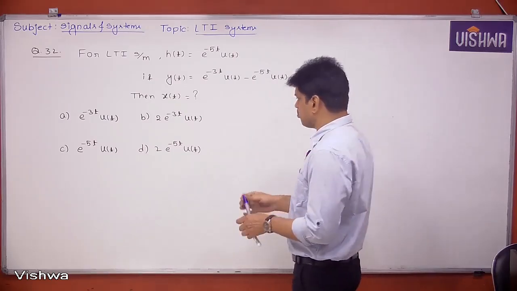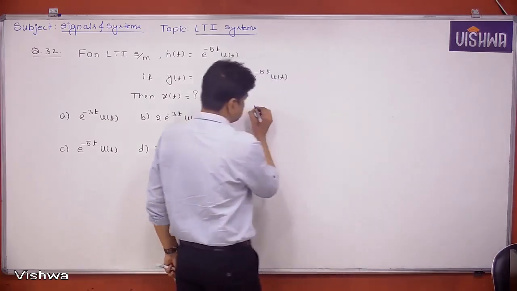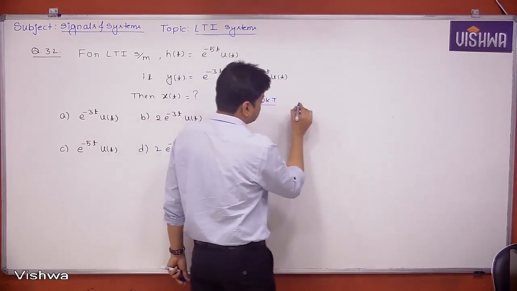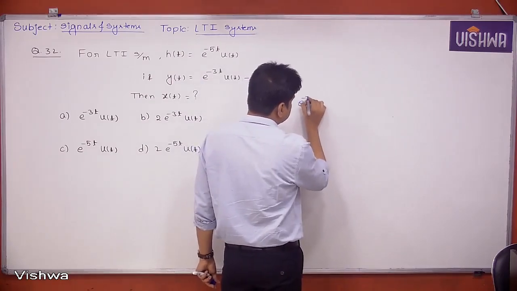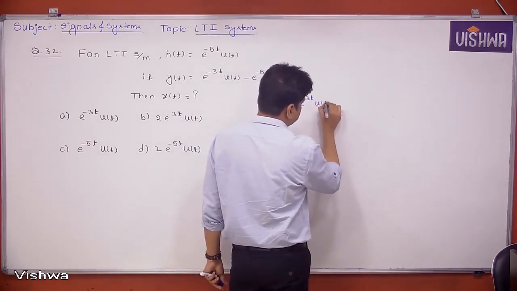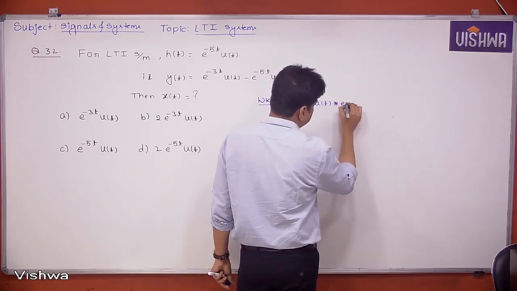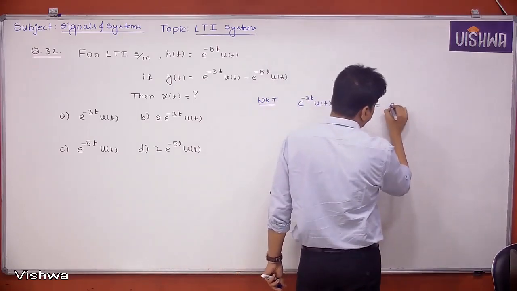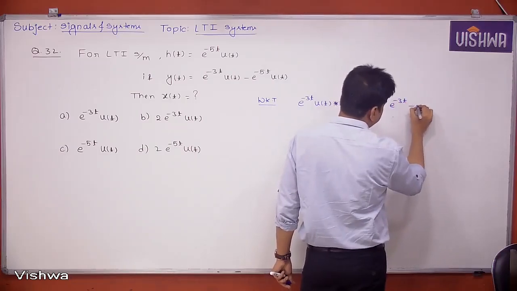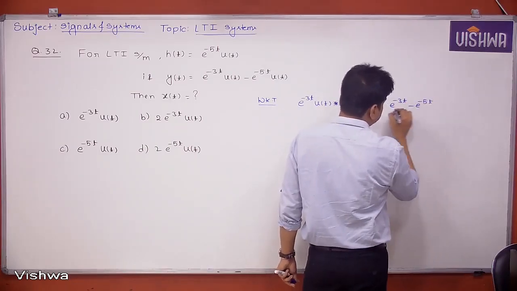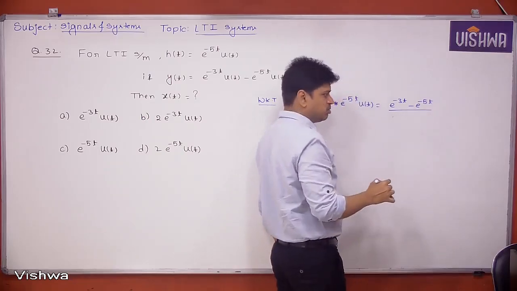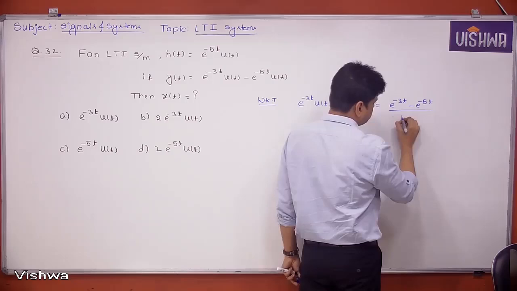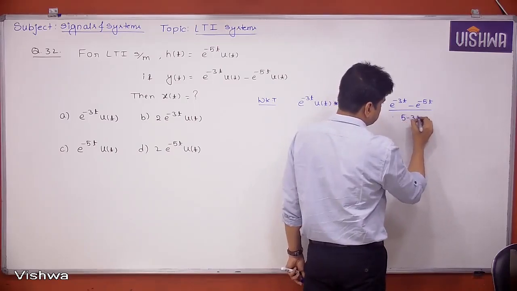We know that e power minus 3t u of t convolution with e power minus 5t u of t gives e power minus 3t minus e power minus 5t, that is e power minus at minus e power minus bt by b minus a, in this case 5 minus 3, u of t.